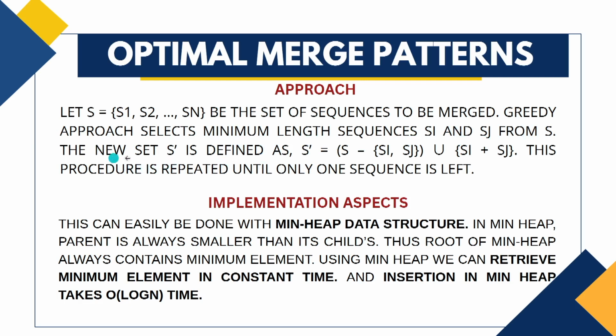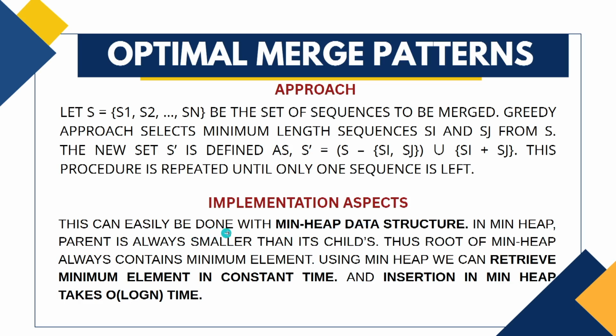Then we create a new set S', and that S' is S minus Si and Sj, that is, we have removed the files containing the least number of records, and S' is equivalent to S minus {Si, Sj} union Si plus Sj, because now it becomes a separate tree, and we keep on repeating this procedure until only one sequence or only one file is left.